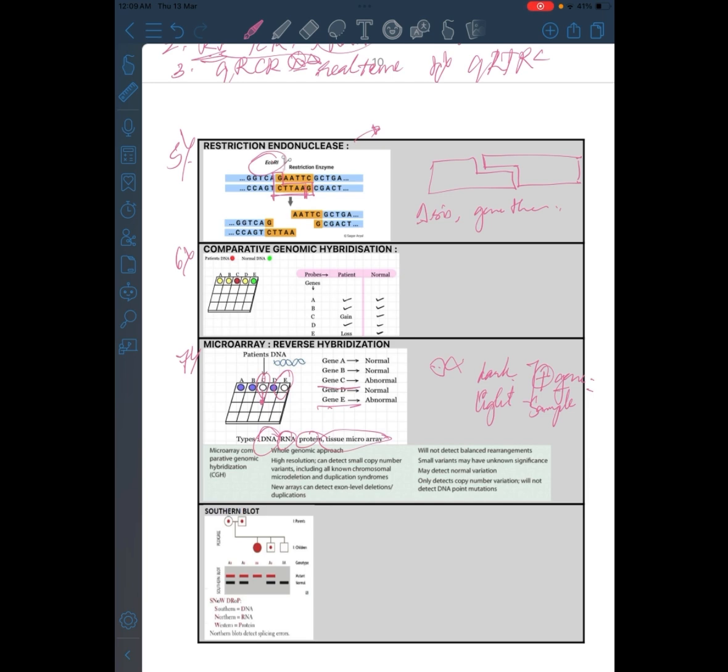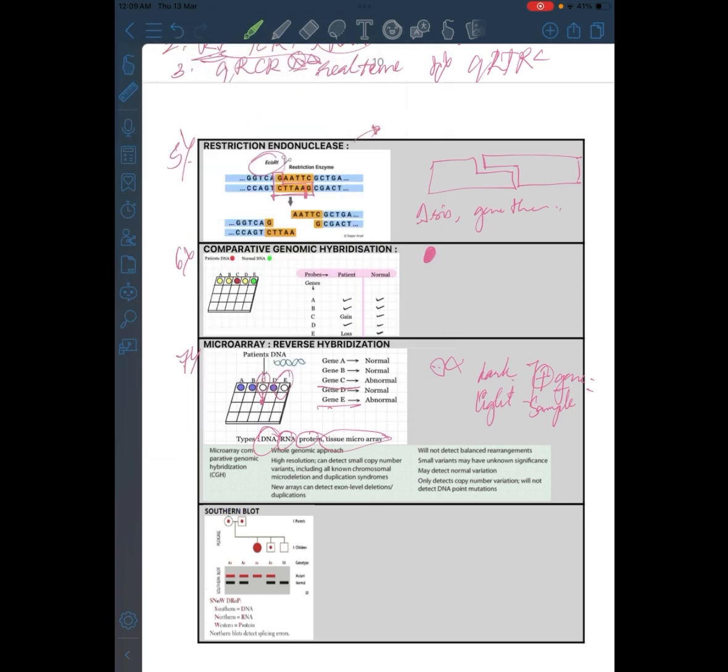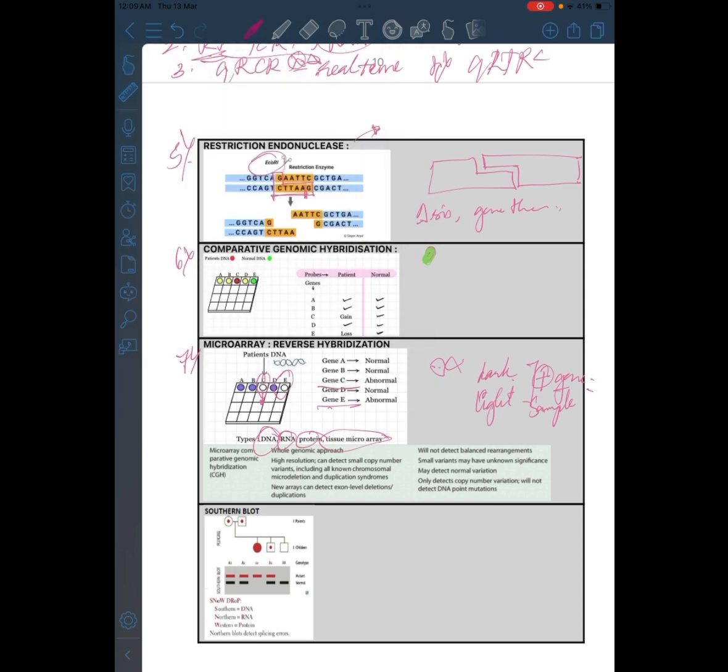However, what is happening in comparative genomic hybridization is that both the normal DNA and the patient DNA are mixed. Say red is the patient's DNA, which is color coded with red, and now I'll mix it with green. What is happening now? What was supposed to be a red plus green mixture has now become a completely different color, which is yellow.